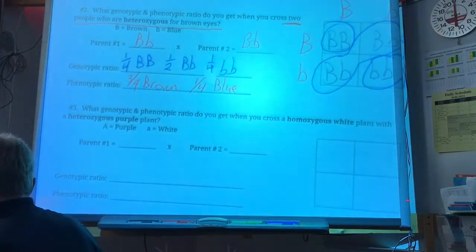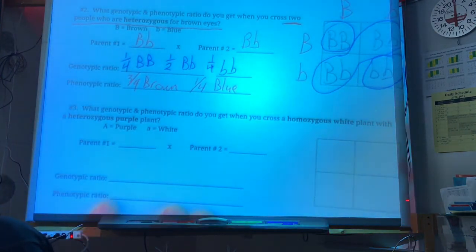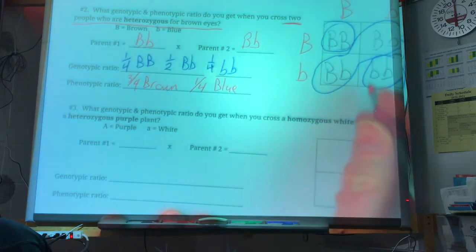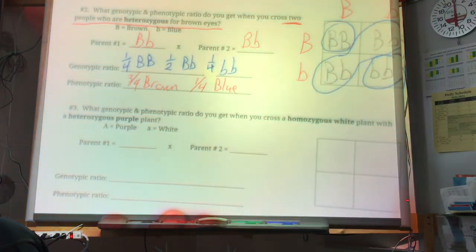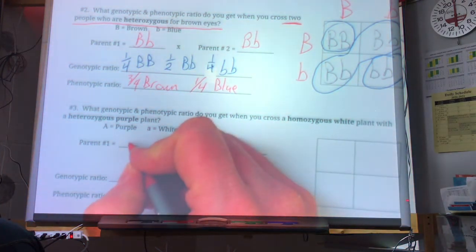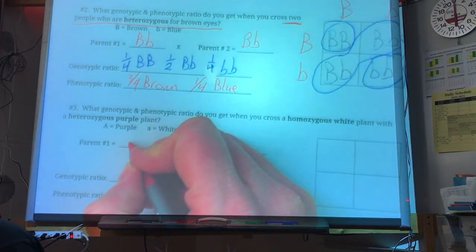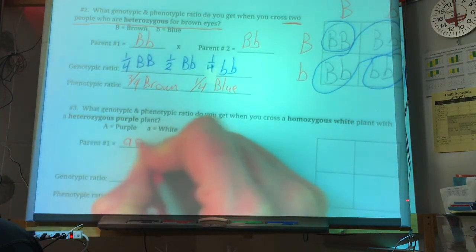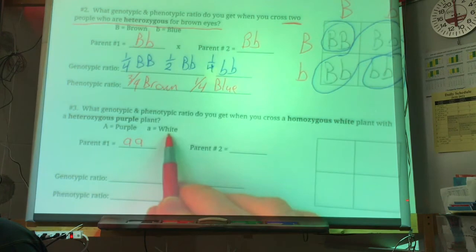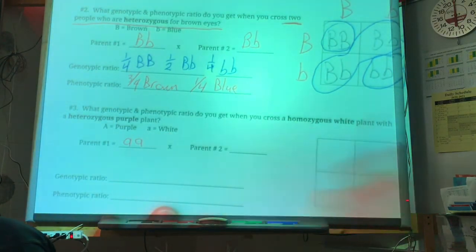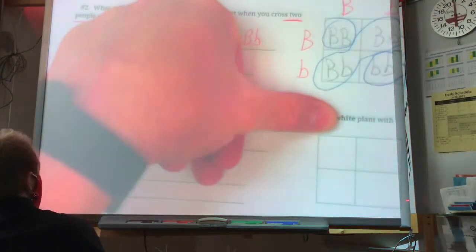All right, so if parent number 1 is homozygous white, what's their genotype going to be? Little a, little a. Why? Because they have the white allele, that's recessive, and it says homozygous. Now, what if I were just to say a white plant? What's the genotype of a white plant?